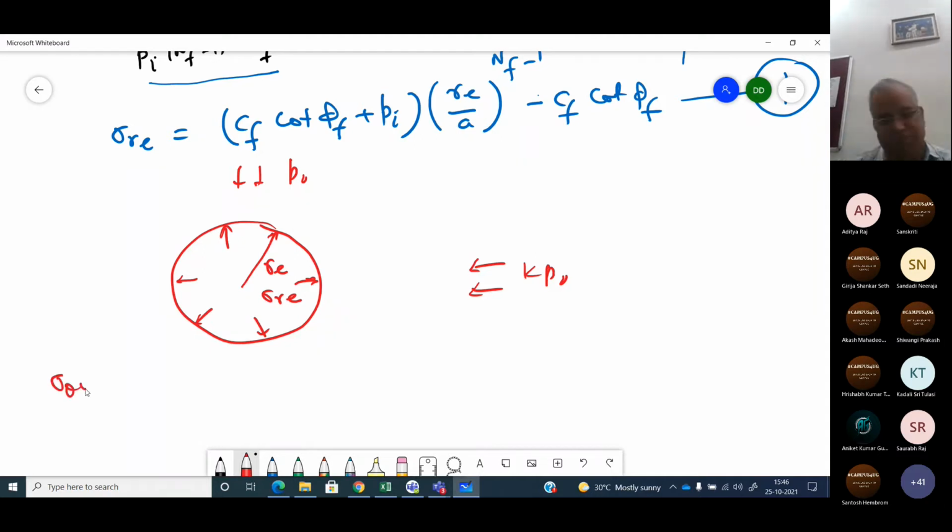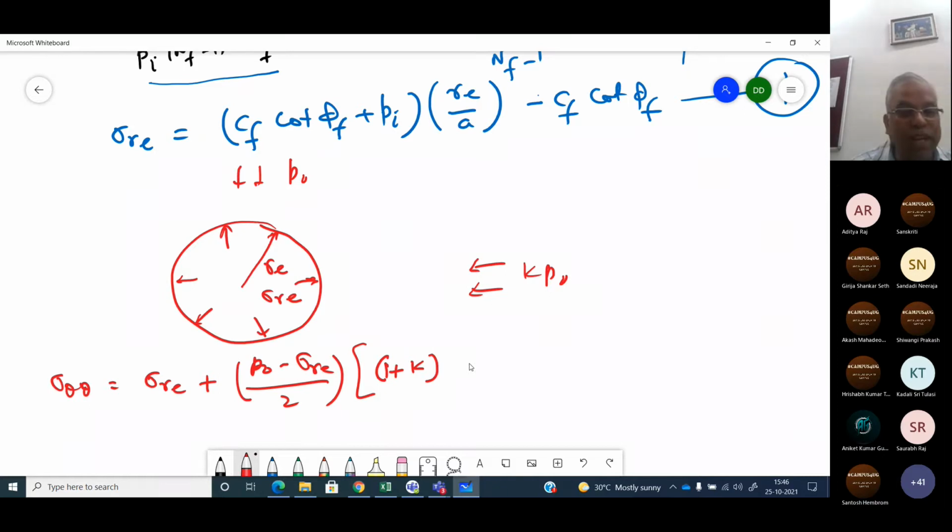Sigma theta theta at any point will be sigma RE, that is PI plus P naught minus, sorry, sigma RE by 2, 1 plus K. Then you will write that equation, 1 plus RE square by r square.